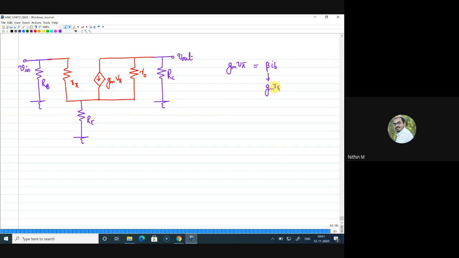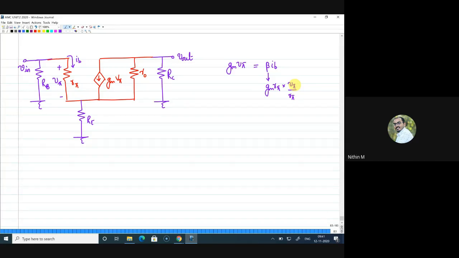Right. What is IB? IB is the base current, which is equal to V pi divided by R pi, because IB is the current which is flowing here. So IB is this current. Now V pi by R pi is IB. So by combining this, I can substitute for gmV pi what is called beta IB.